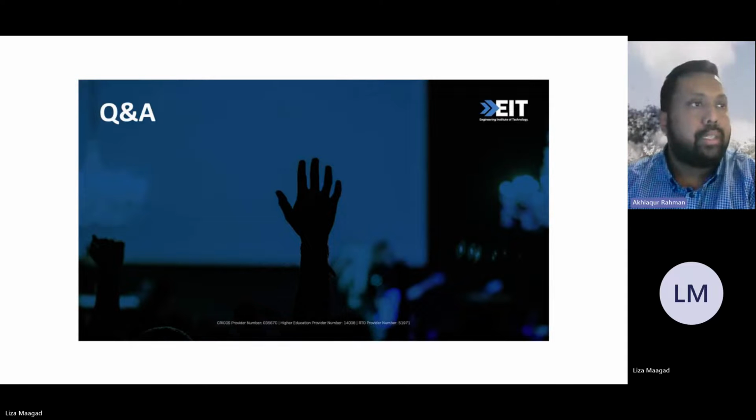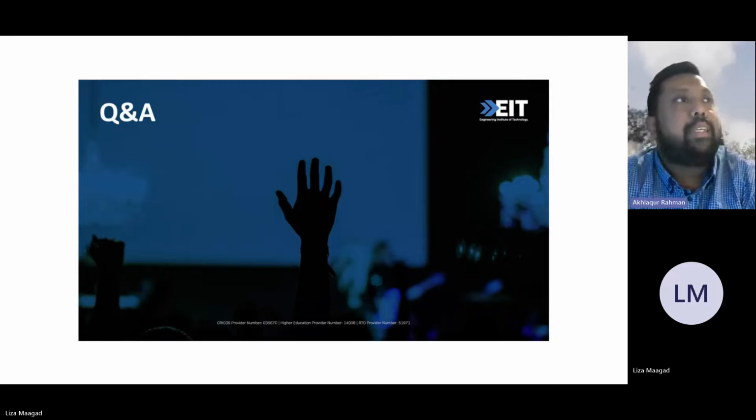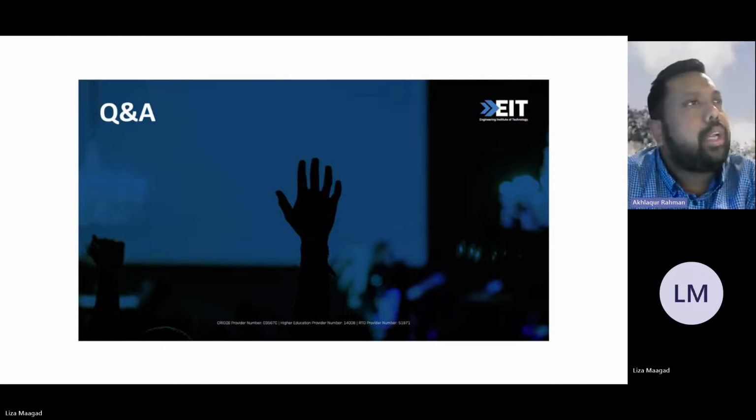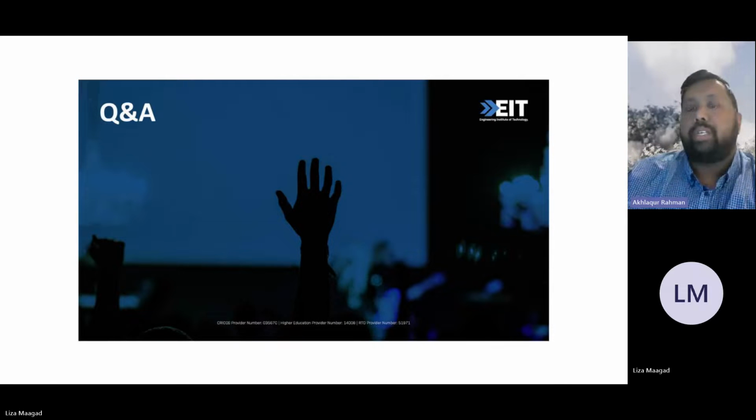Okay, I can see more questions there. Vinny asks: how do we deal with the cost of connectivity for Industry 5.0 devices to perform effectively? Well, cost will eventually go down, right?